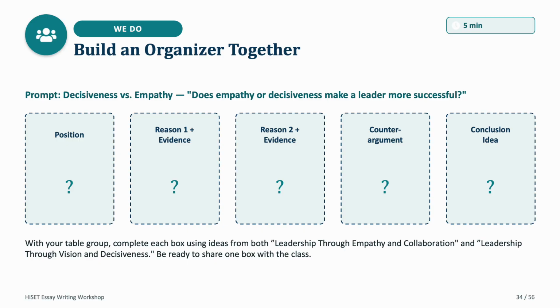We're going to have to decide that it's empathy or is it decisiveness. It can't be both. Then we're going to have our reason. That's the second thing. Reason 1 plus evidence. Then our third is reason 2 plus evidence. And fourth, the counter argument. And fifth is our conclusion idea.